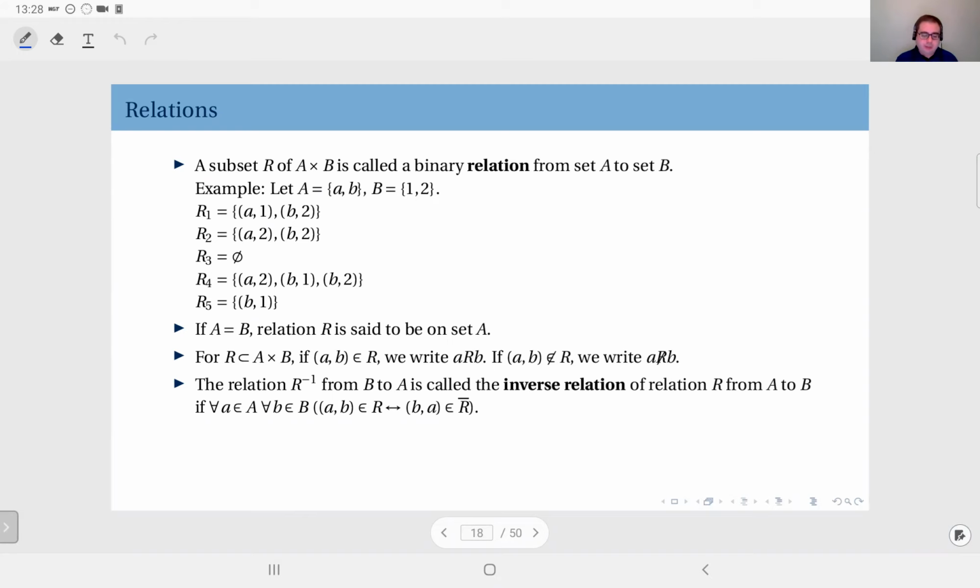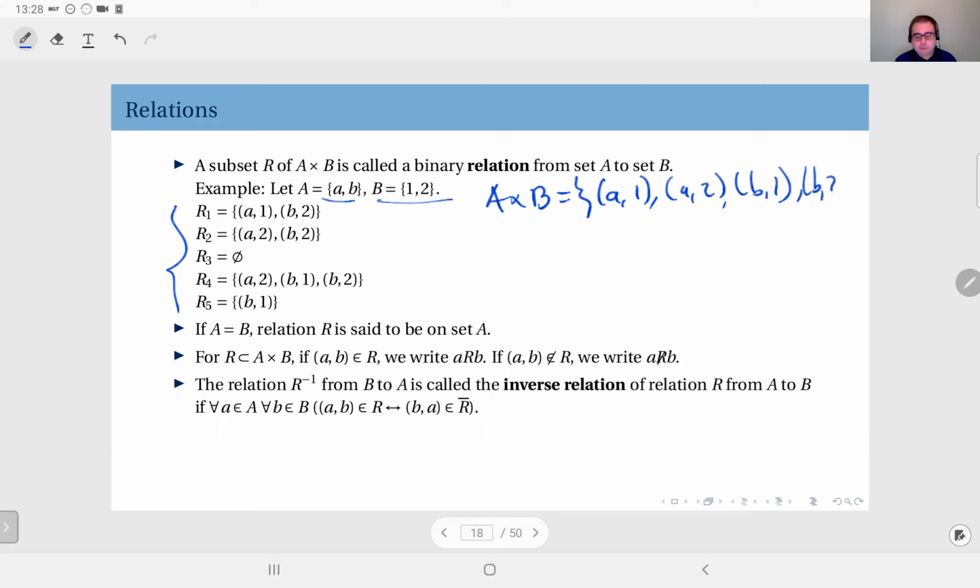For instance, if set A consists of elements a and b, and set B consists of 1 and 2, and these are example relations, because you see A times B can be written as (a,1), (a,2), (b,1), and (b,2).